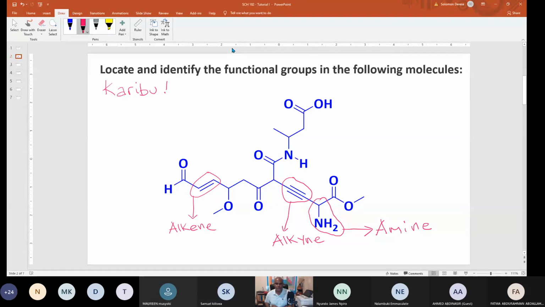Okay. How about this one? This one, we have an oxygen, and on both sides of the oxygen there is carbon. This one is an ether, okay?